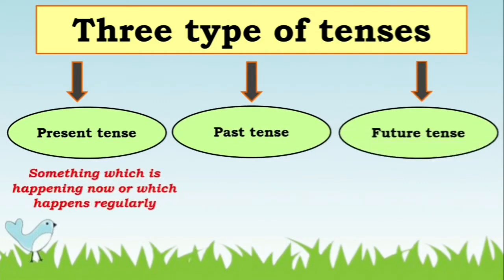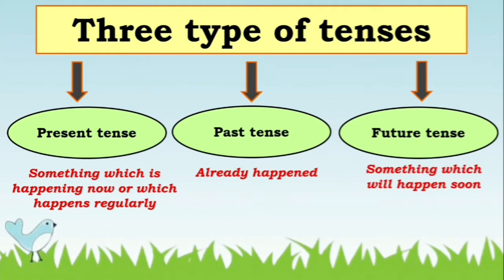Present tense means something which is happening now or which happens regularly. Past tense means which has already happened, and future tense means something which will happen soon, something which has not happened till now, but it will happen very soon.